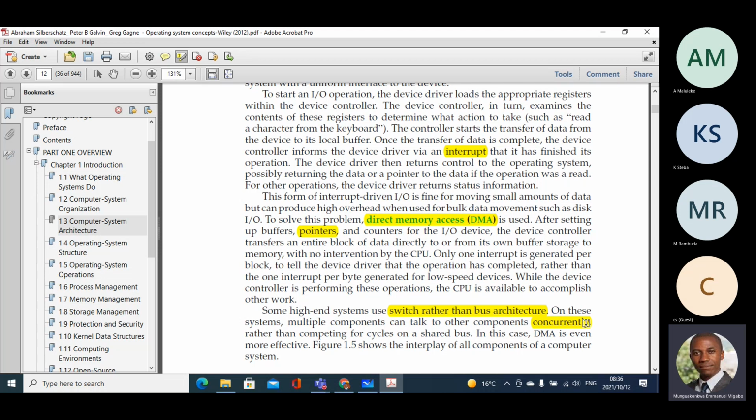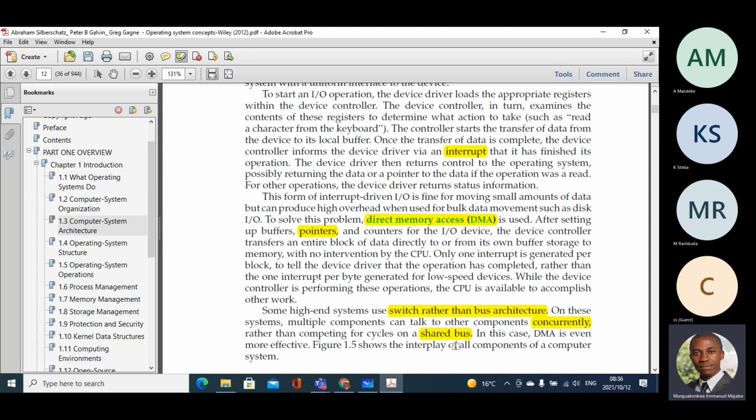So with switches, we've got concurrency. With buses, we've got shared resources, which brings in the idea of one at a time, which is serial or sequential processing, that's the correct word.